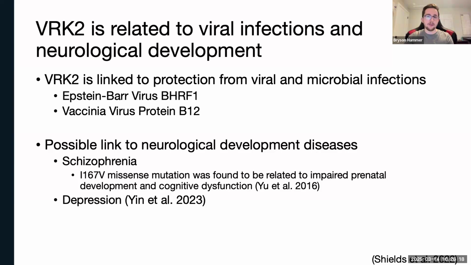A 2016 paper also found that the mutation of isoleucine to valine, which sits right next to the active site, is related to impaired prenatal development and cognitive dysfunction. Although you would assume this protein is related to cancer due to its important regulation, a 2017 review paper found that it is rarely deleted or mutated in cancer cell lines, but the expression amounts were changed depending on the cancer.